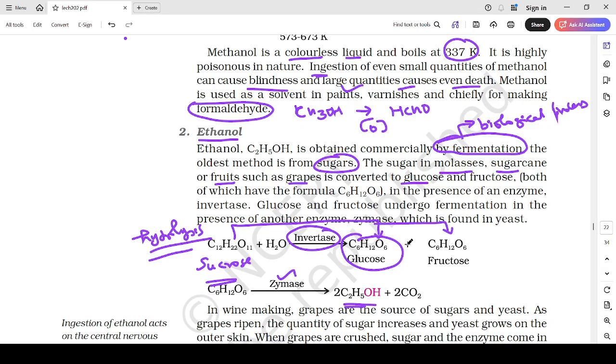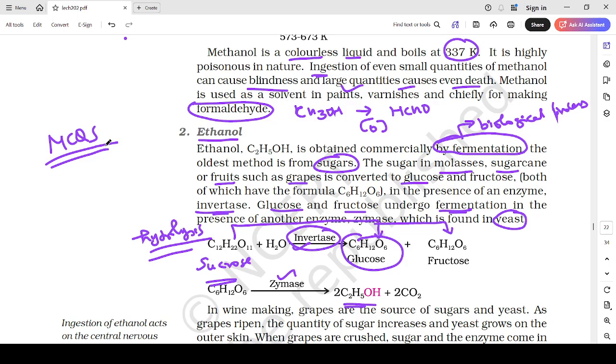So it gets converted into glucose and fructose in the presence of an enzyme invertase. Now glucose and fructose undergo fermentation in the presence of another enzyme zymase, which is found in yeast. So these two enzyme names are asked in MCQs.